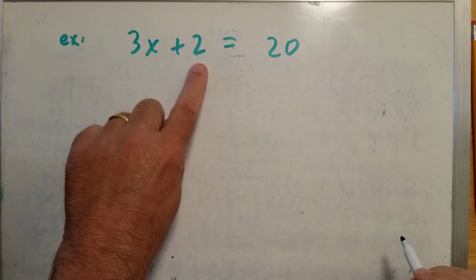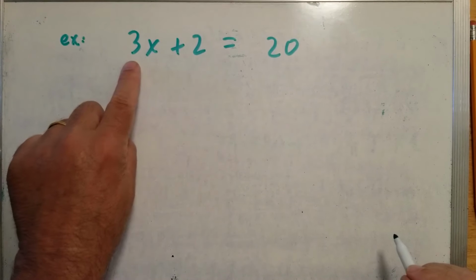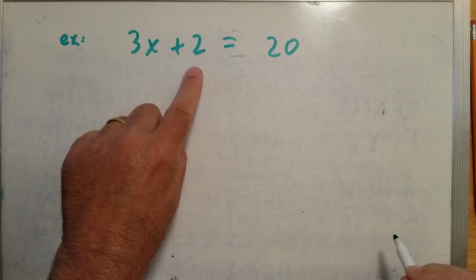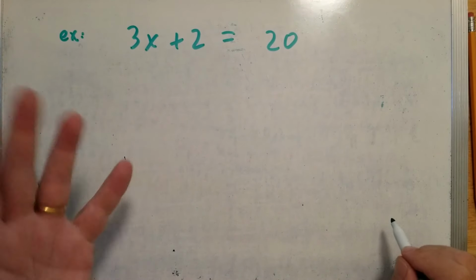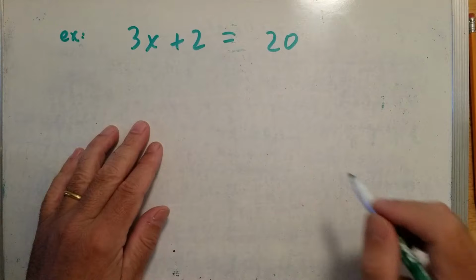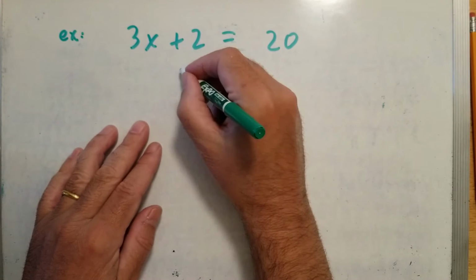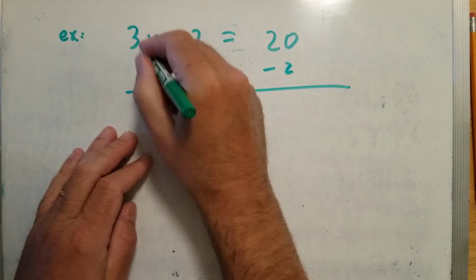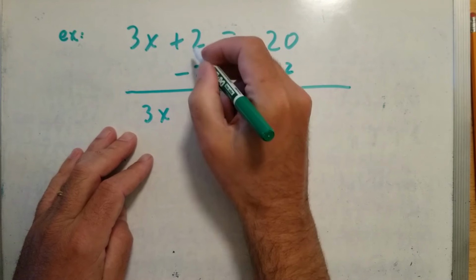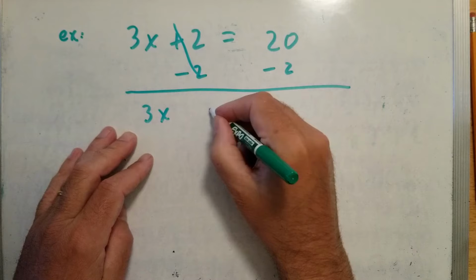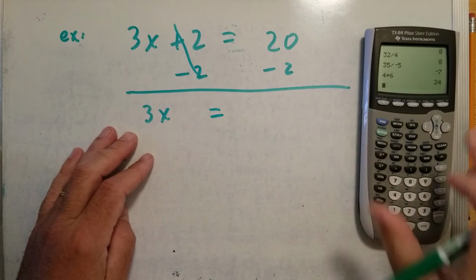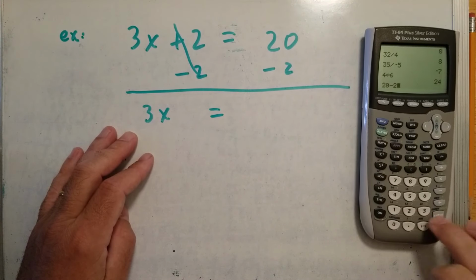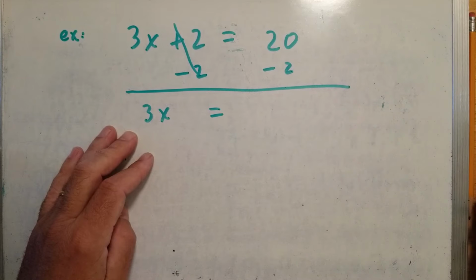And then there's also a 2 that's being added. When there's a coefficient and a number being added or subtracted, first get rid of the number that's being added or subtracted. To get rid of the plus 2, I'm going to go minus 2 on both sides. Bring down the 3x. The plus 2 and minus 2 cancel out. 20 minus 2 is 18.